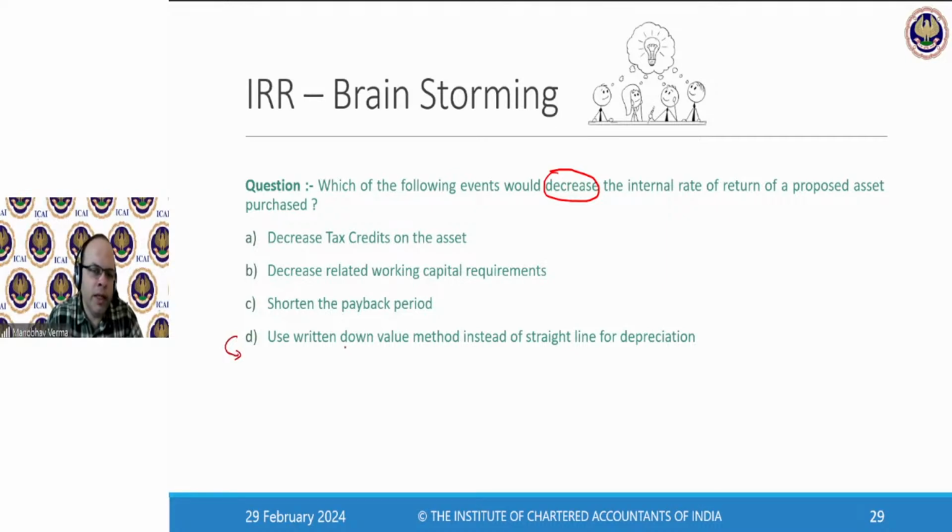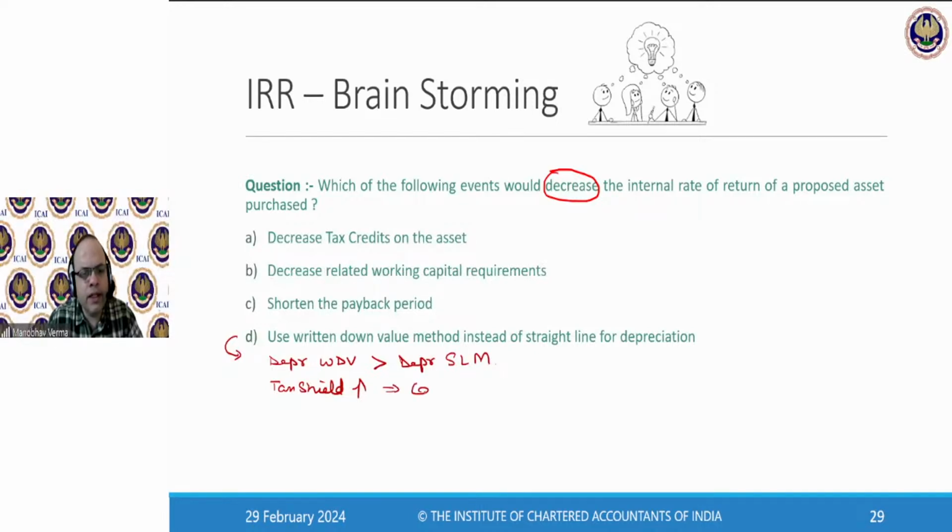Use written down value method instead of straight line method. Guys, do you agree with me that depreciation under WDV would be more than depreciation under the straight line method? And if that is the case, that means the tax shield will increase.